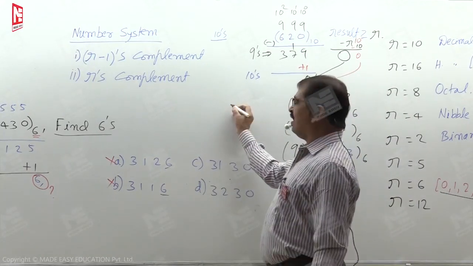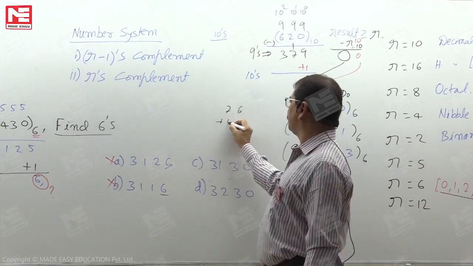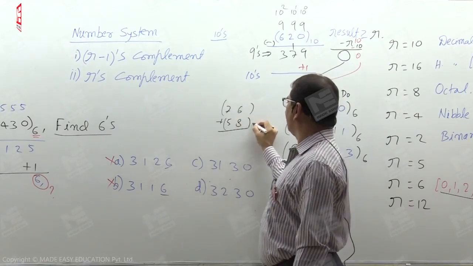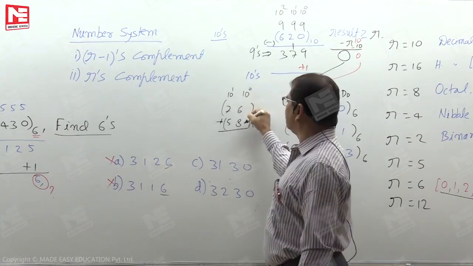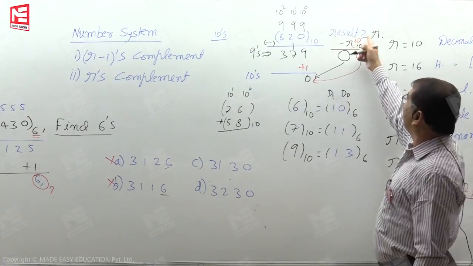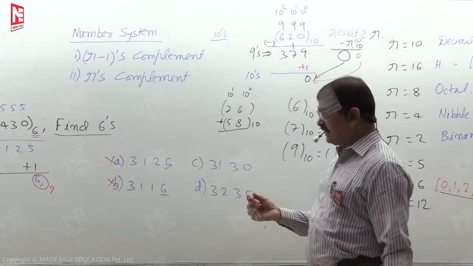Say for example, I have a number 76, and another number, say 58. For these decimal numbers, when we are doing this addition, 6 plus 8 is 14. 14 is greater than the radix of the number system. Hence, we forward a carry to the next significant place.